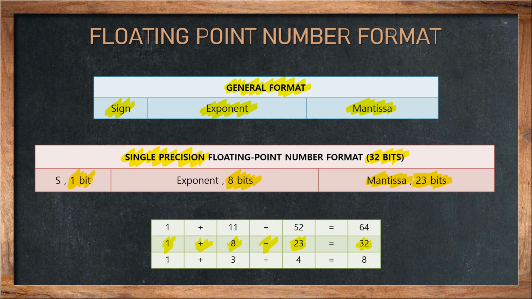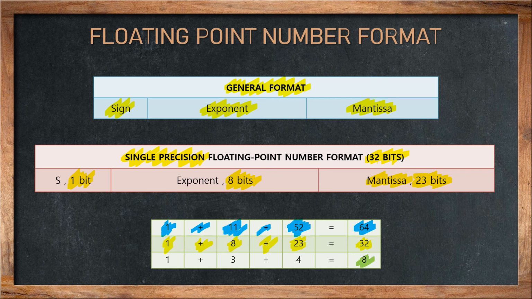But suppose you have 64 bits, that is a double precision number. In that case, the ratio is 1 plus 11 plus 52. Means one bit is for the sign, 11 bits for the exponent, and 52 bits for the mantissa. And suppose it is 8 bit.